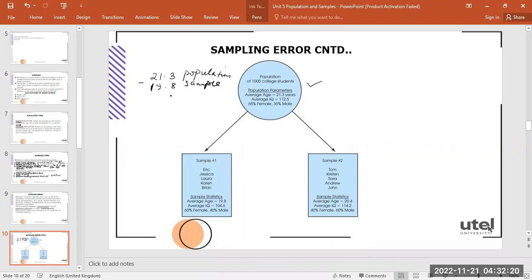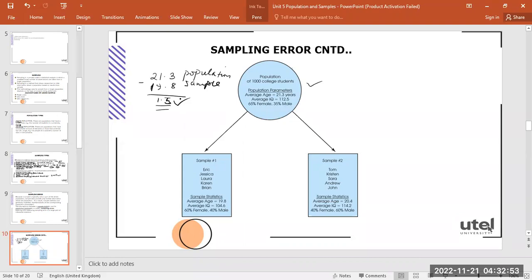Basically, the difference between these two figures, the population parameter and the sample statistic, is what is referred to as our sampling error. So if you subtract 19.8 from 21.3, you have 1.5. It means we have 1.5 as the discrepancy.